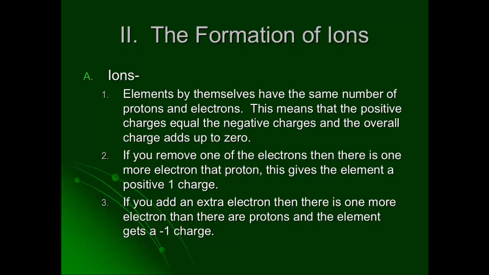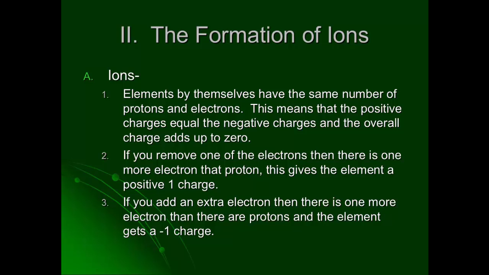So elements by themselves, if you were to add up the plus charges, which is what protons have, and the negative charges, which are what electrons have, they would add to give you 0. But when you have an ion, they no longer add to give you 0. You get a positive charge or a negative charge, depending on whether you have more protons or more electrons. Now the protons aren't going to change, but the electrons can go up and down.